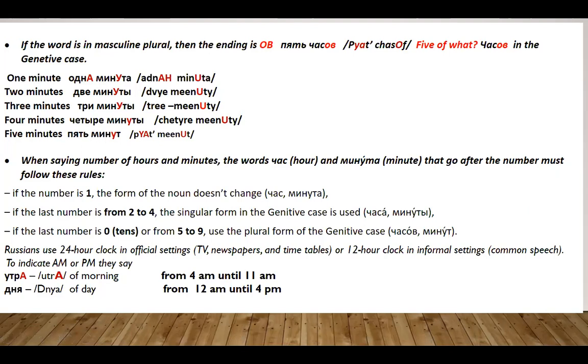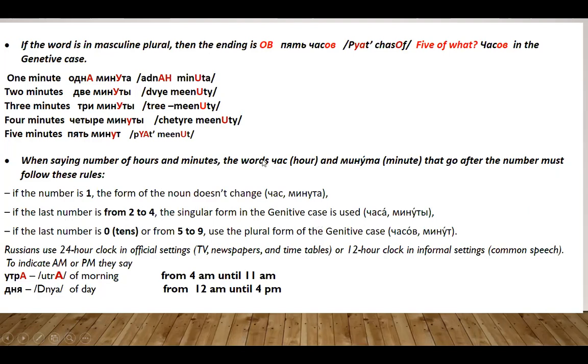When saying number of hours and minutes, the words час, hour, and минута, minute, that go after the number must follow these rules. If the number is 1, the form of the noun doesn't change. Like here, 1 minute, одна минута. In 1 hour, один час wouldn't change either. If the last number is from 2 to 4, the singular form in the genitive case is used.